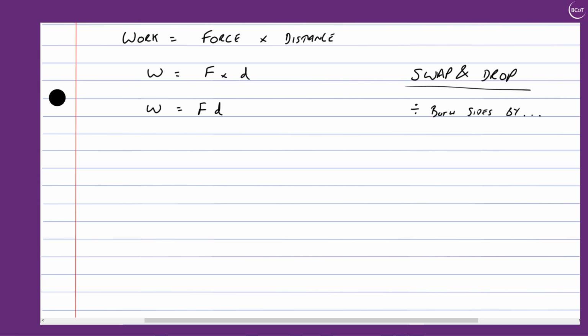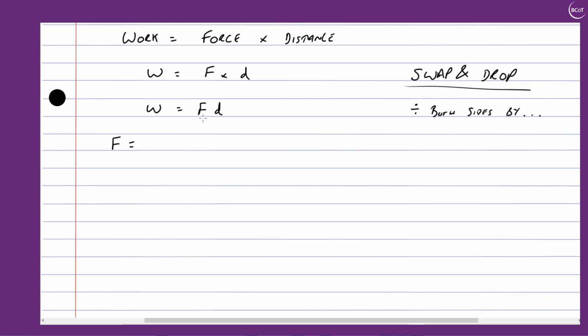If we wanted to make F the subject, what that means is get F on its own, either on the left-hand side or the right-hand side. How do we work that out? How do we write a rearranged formula for what the force is compared to work and distance? Well, this is where we do swap and drop.